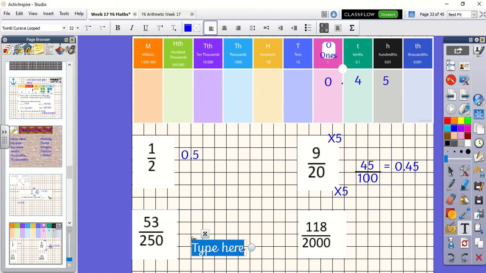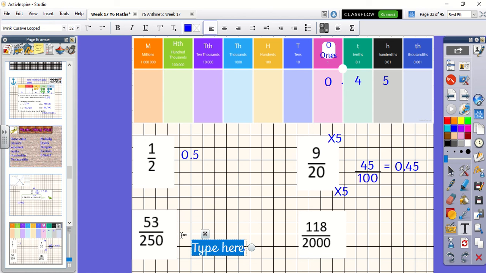Okay, let's have a look at this one here then. So here we have got 250. Now, if you know your 25 times table, which is really easy, we just go 25, 50, 75, 100.